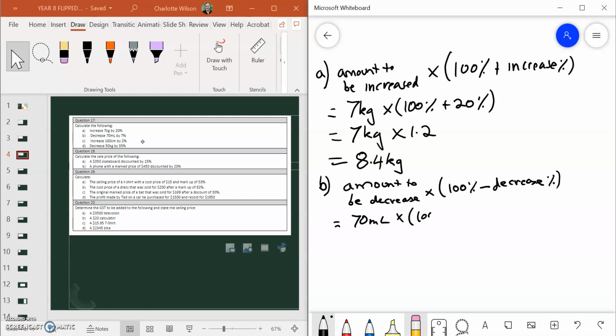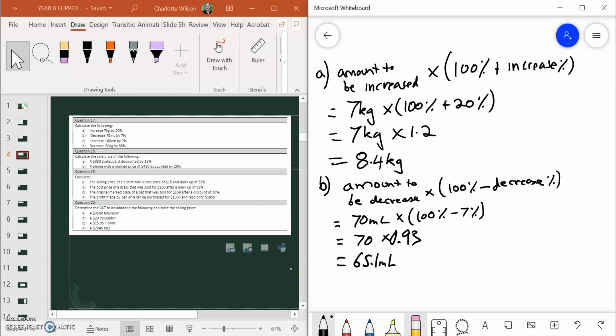So we're timesing by 100% minus 7%. So we're going to have 70 times, now 100 minus 7 is 93. So that's 0.93. And you want to find 0.93 of 70. And that will give us an answer of 65.1 millilitres.